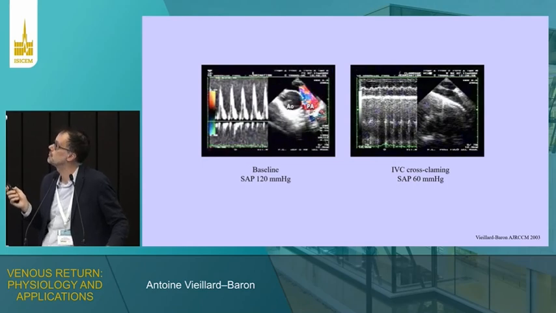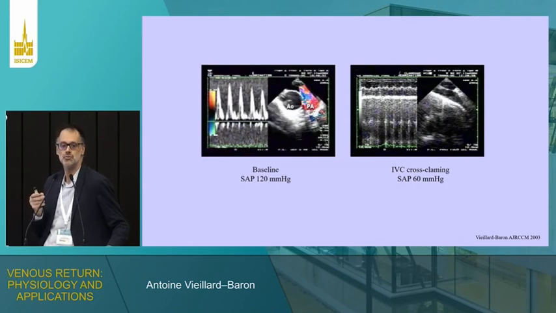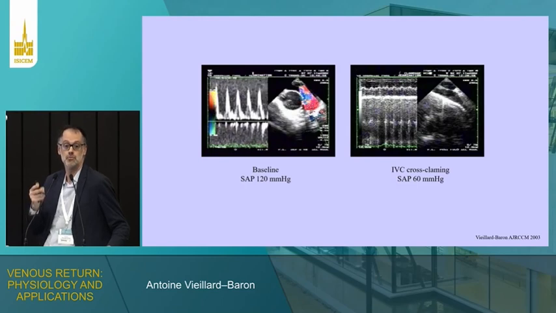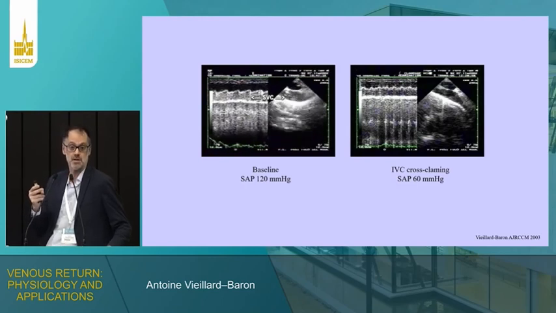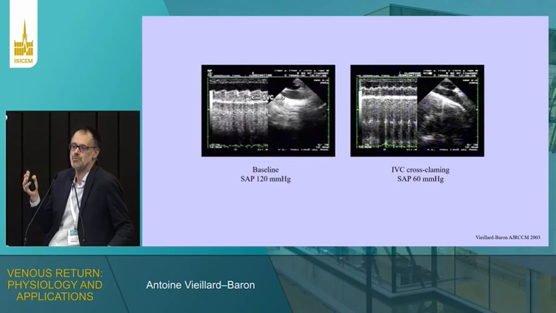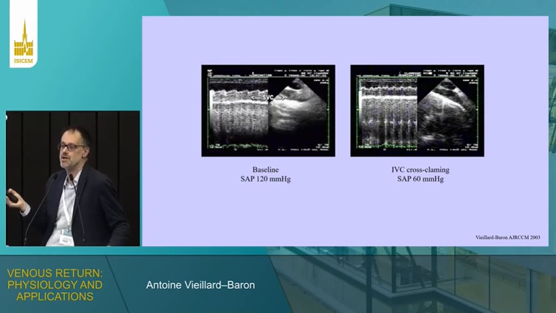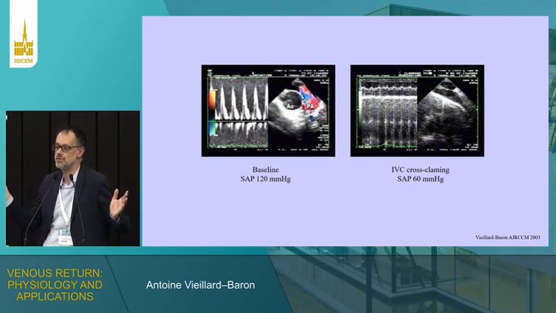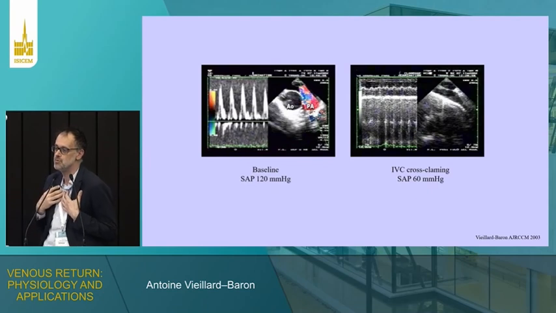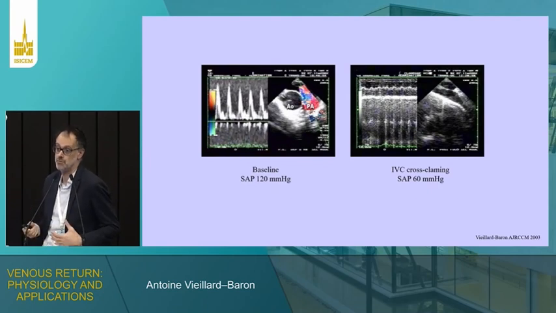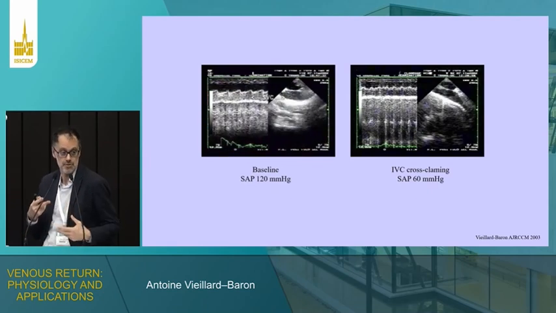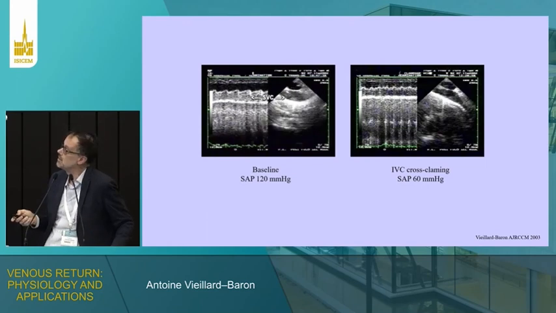And for that the surgeon needs to do a vascular exclusion, so to cross-clamp the IVC. And so now this is something like a model of relative hypovolemia. The blood volume remains constant, but you have less blood in the chest and more blood outside the chest, before the surgeon cross-clamps the IVC.